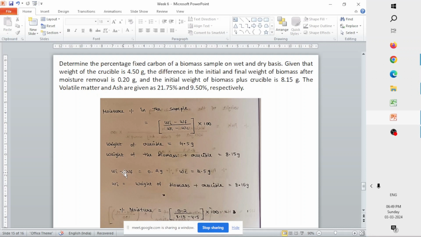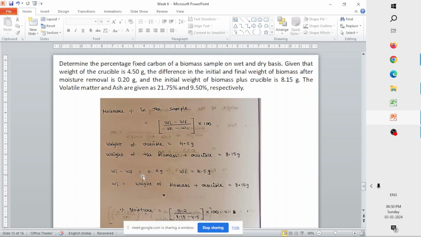They have given the weight of a crucible as 4.5 grams, and the difference between the initial and the final weight of biomass is 0.2 grams, and the initial weight of biomass plus crucible comes as 8.15 grams. The volatile matter and the ash percentage are given as 21.75 and 9.5 respectively.